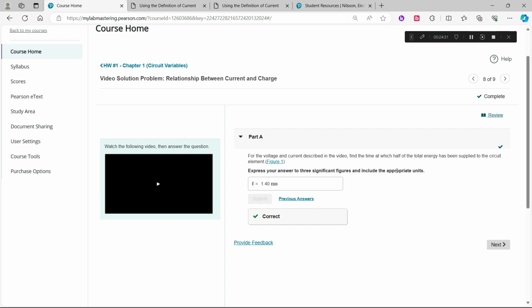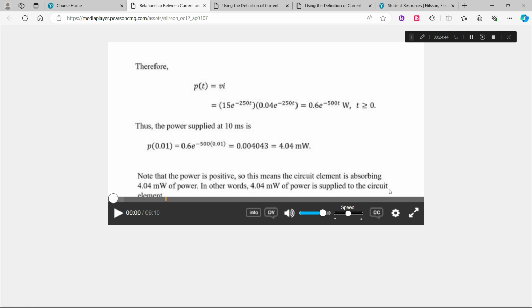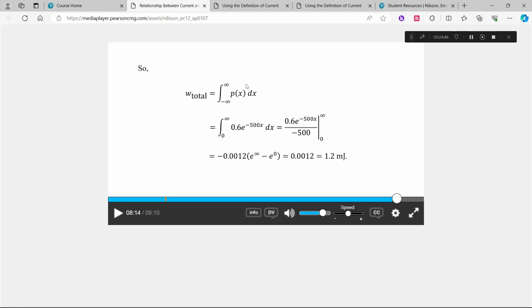Okay. So for the voltage and current described in the video, find the time at which half of the total energy has been supplied to the circuit element. Okay. So first we need to find some certain values. So if we go to the end here of this video, okay.